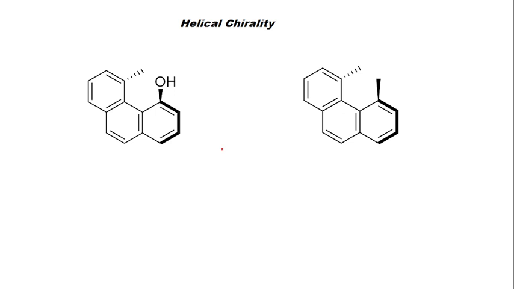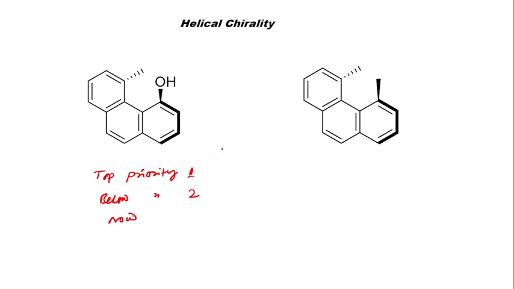So keep on adding the benzene, it will be helical. We will not go into details that much, but the top group is called priority one and below is priority two.